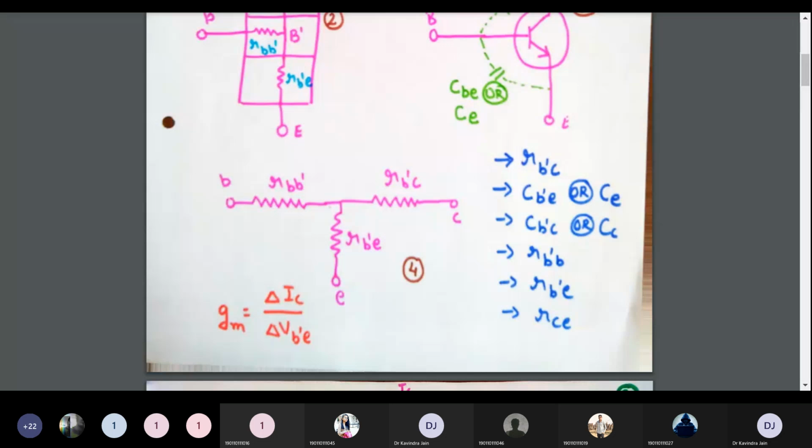Yes, Himanshu, what is transconductance? Hello, Himanshu. Okay, fine. Hari Joshi, enrollment number 9. Hello, Hari. Yes, sir. Sir, what is transconductance?